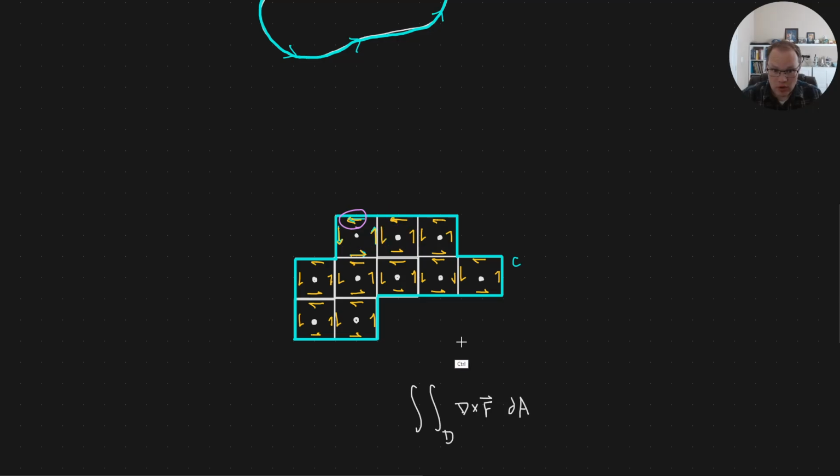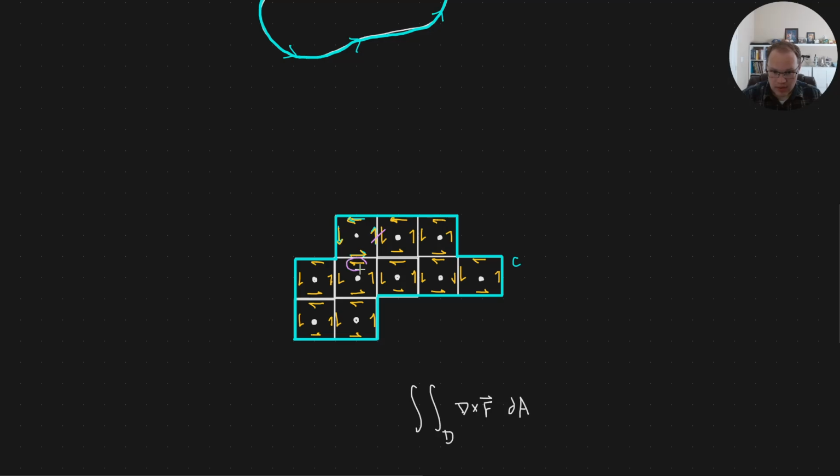But notice along this edge, we are measuring the circulation on the right side going down, but on the left side going up, but it's the same edge, right? Because we're measuring in opposite directions, maybe one would be positive, which would mean the other one, since I'm measuring it the other direction, would be the same amount but negative. And so they would cancel. Okay, those two sides would cancel.